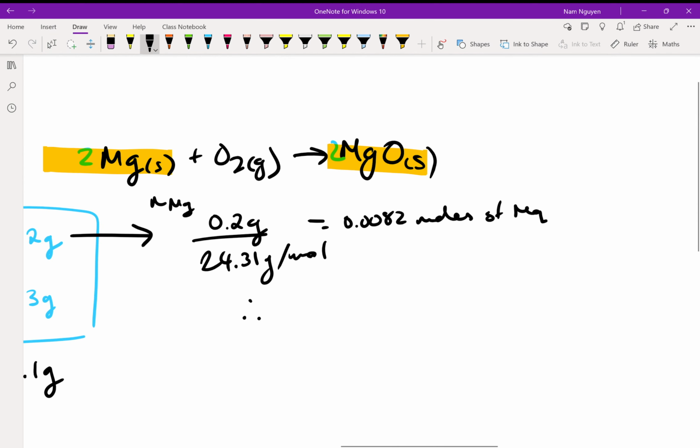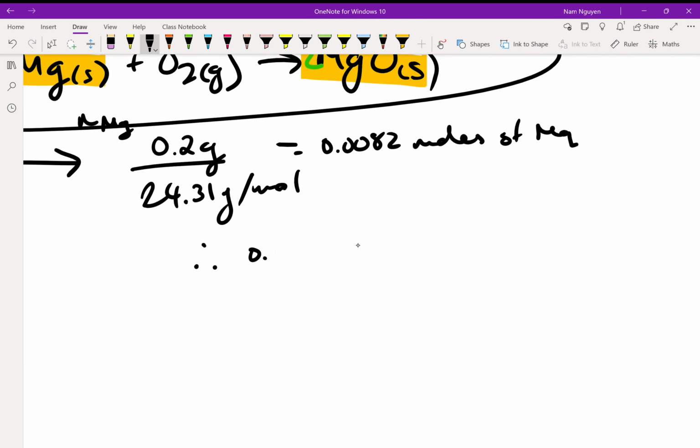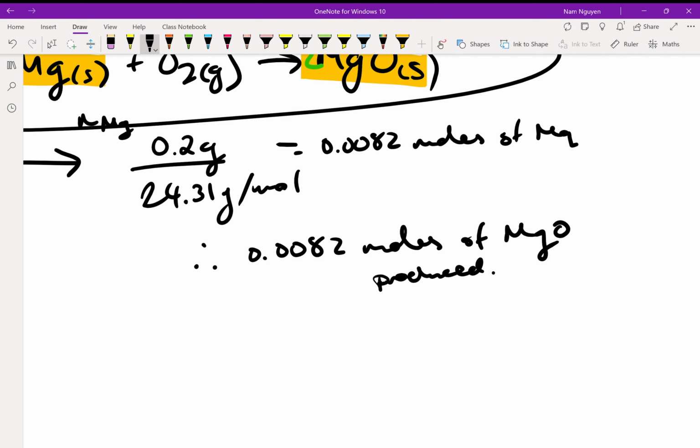Therefore, according to the balanced equation, I should have 0.0082 moles of MgO produced. That's the molar mass of magnesium, and because I'm calculating the moles of magnesium, I need to use its molar mass.